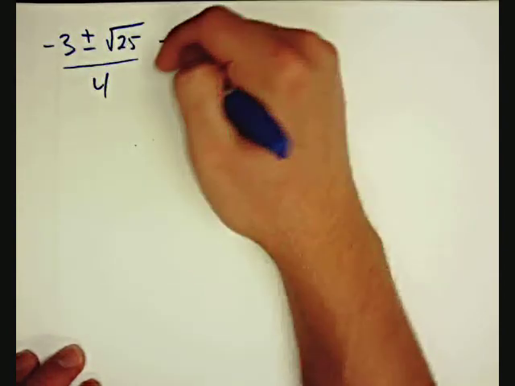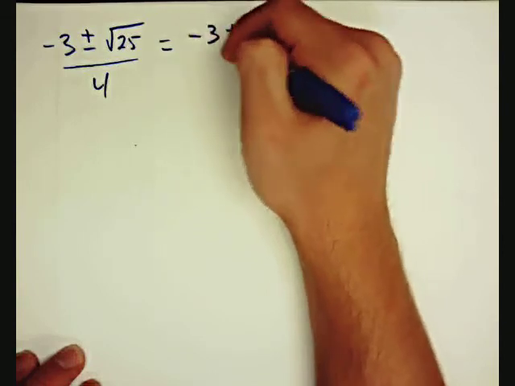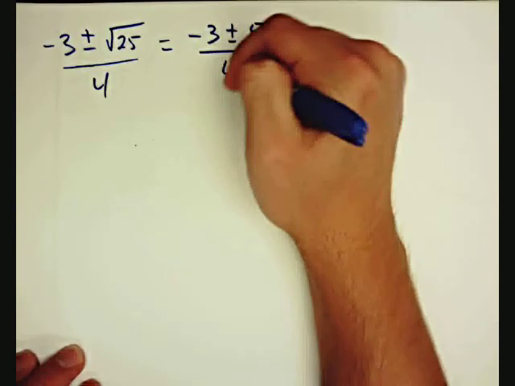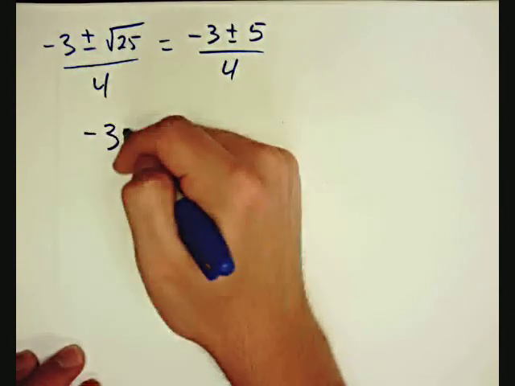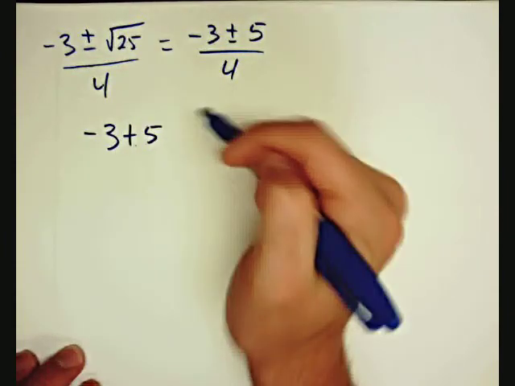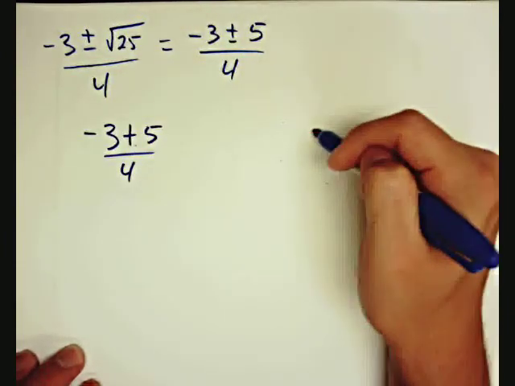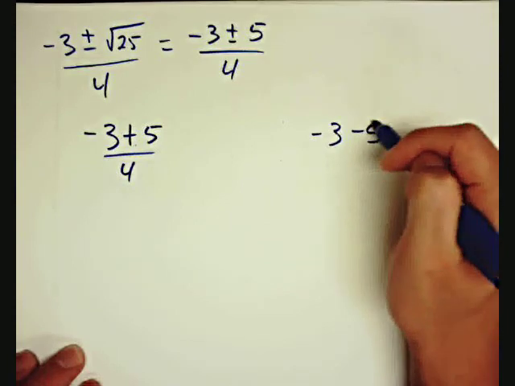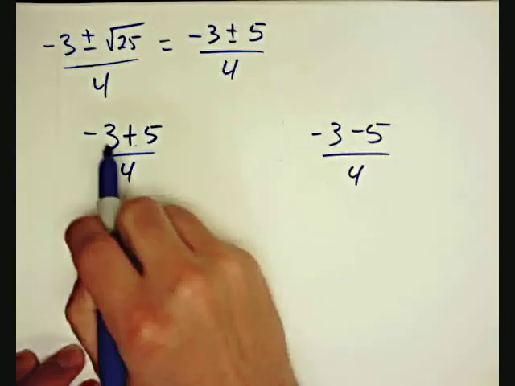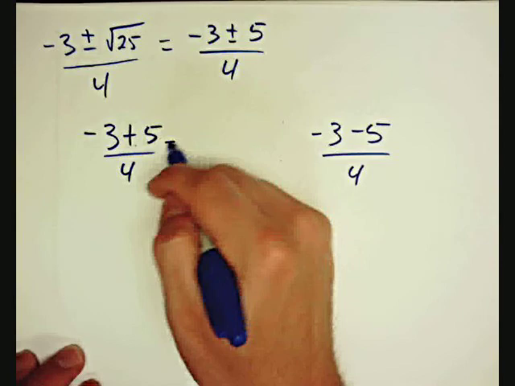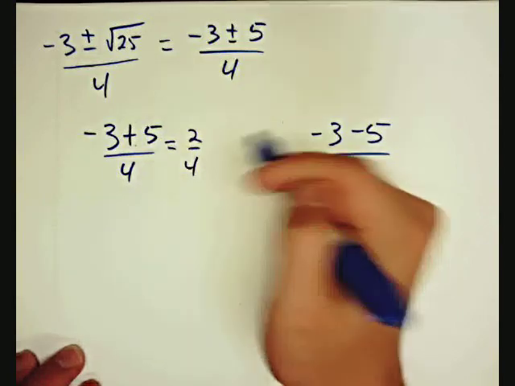So again, we had negative 3 plus and minus the square root of 25 over 4. Square root of 25 is 5. And so now we want to split this up into our plus and our minus separately. Negative 3 plus 5 is 2 over 4, and that's 1/2.